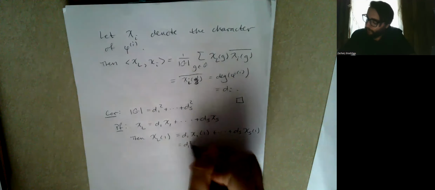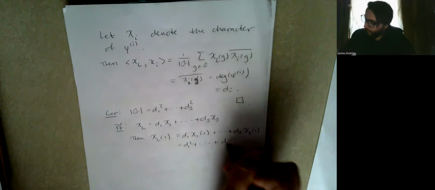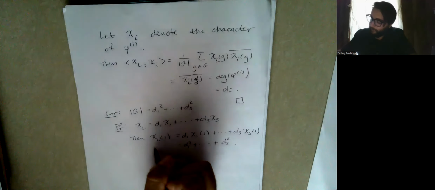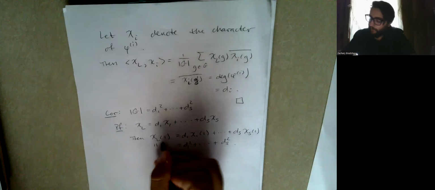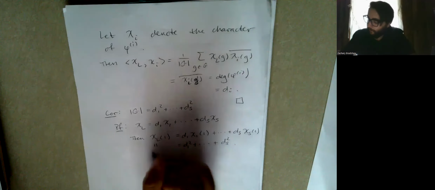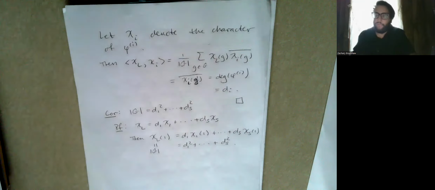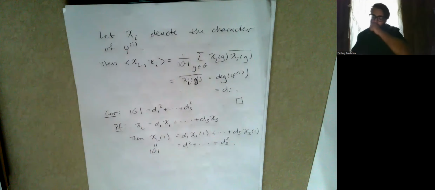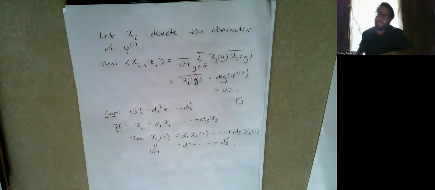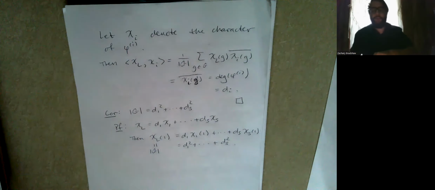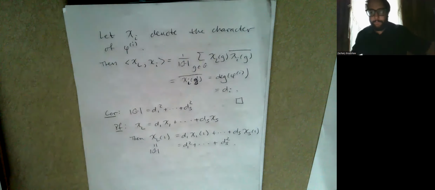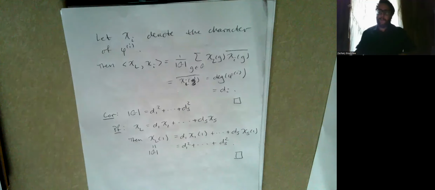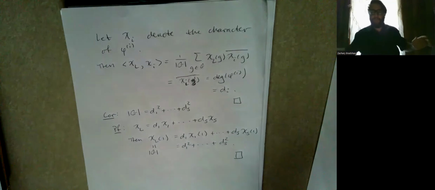And so we're left with d_1 squared, and same thing all the way through d_s. And since this is the degree of the regular representation, which is the order of G according to our formula, that shows that the order of G is the sum of the squares of the degrees of the irreducible representations. Okay, any questions so far?